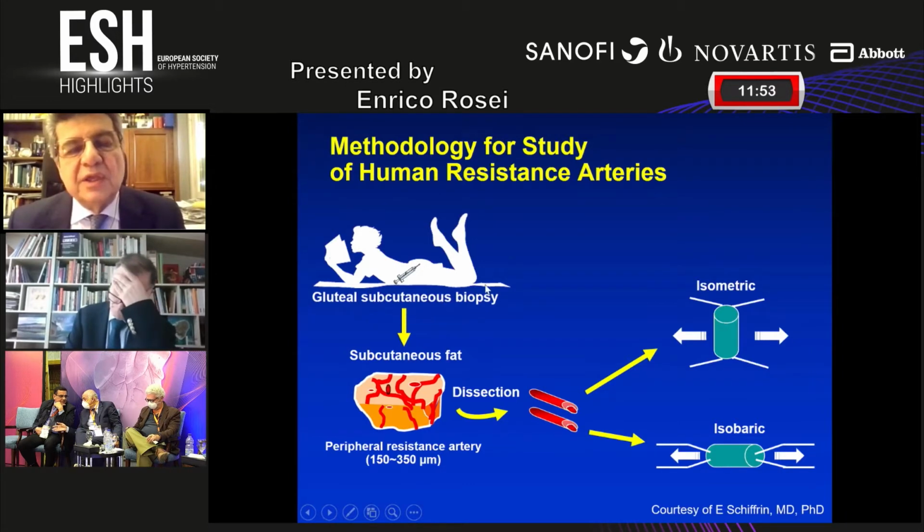The small artery is usually taken from subcutaneous fat through a very small biopsy, and these small vessels can be dissected and mounted on a micromyograph. There are two techniques that give the same results.